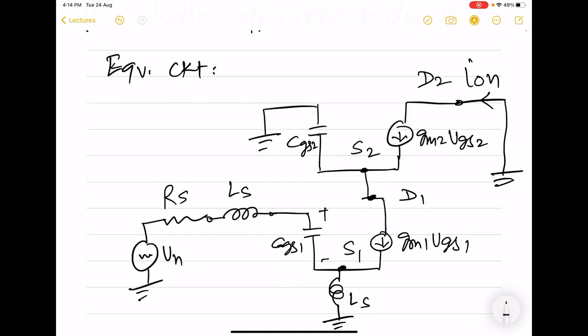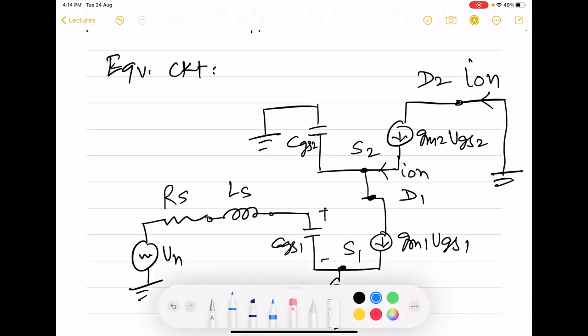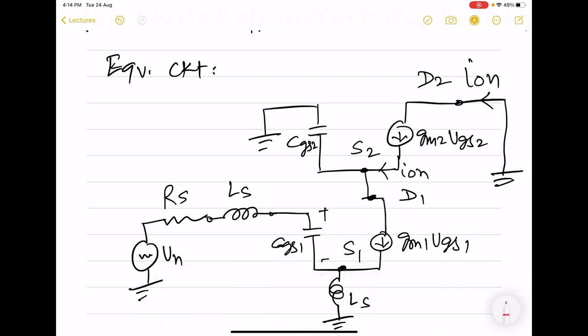So here we have ION, and ION comes here, and it gets split into two different currents. We will be calling them IB and IA. So this IA comes here, and this VN gives rise to a current IN.